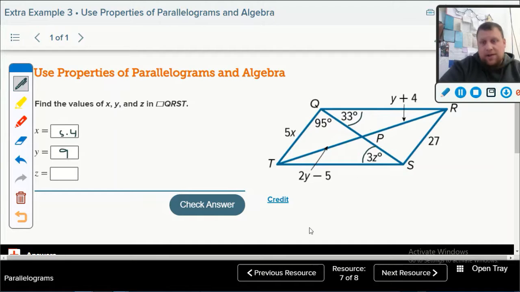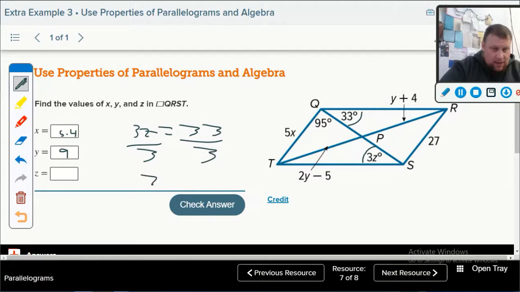And those are alternate interior angles. So there we go. That works on a number of levels. So because of that, I can say 3z equals 33. Divide both sides by 3. And I get that z equals 11. Boom. So we should have 5.4, 9, and 11.